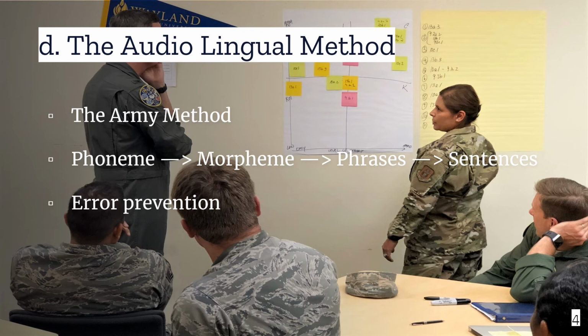Then there would be individual and choral repetition. Maybe a learner would alone be repeating the dialogue which he or she has heard. And at times, the group, the whole class would chorally be repeating the dialogue.